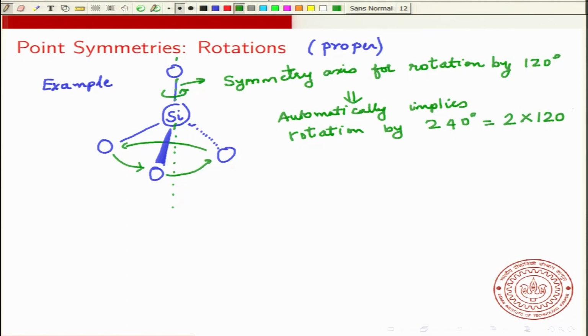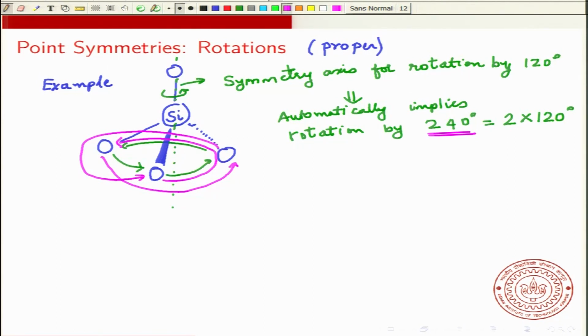You rotate by 120 degrees and rotate by 120 degrees again, and that would also be a symmetry operation. Let me show this in a slightly different color. If I rotate by 240 degrees, this atom will go all the way to this atom, similarly this atom will come all the way to this atom, and this atom will rotate all the way to this atom.